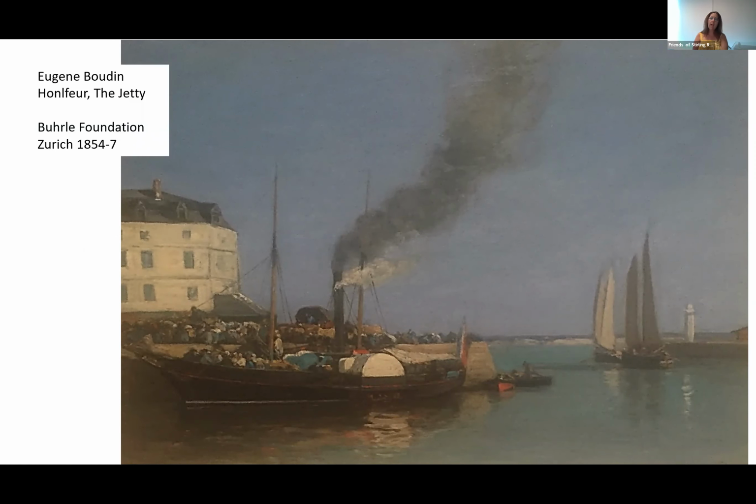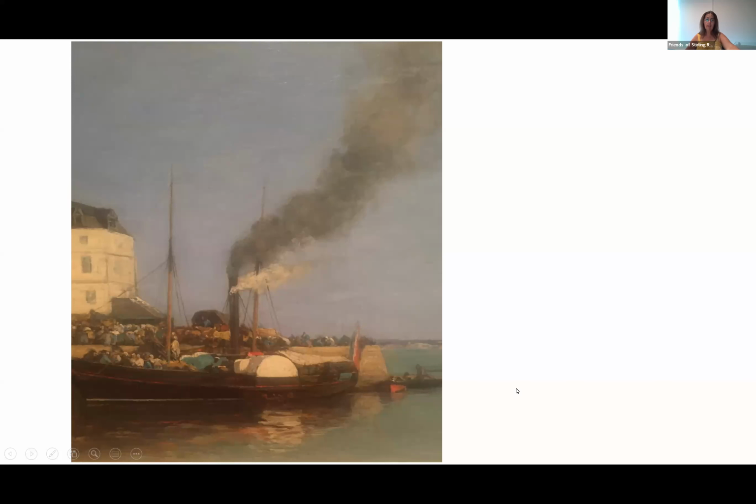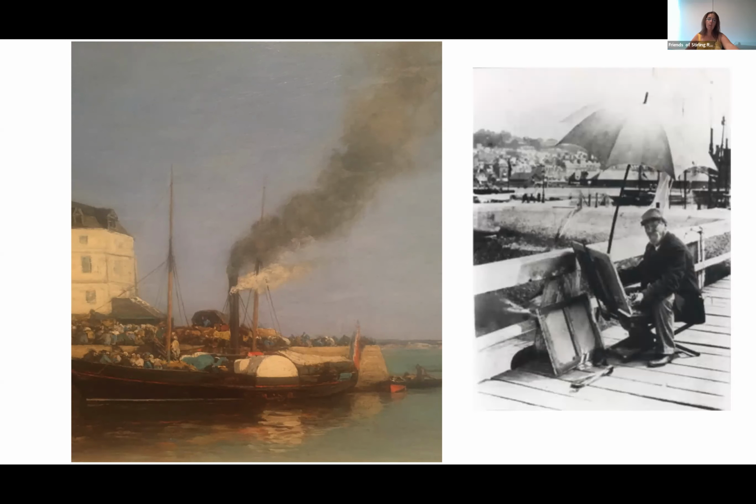Another one is this one, also by Boudin, trying to capture the smoke as it goes out of the chimney of this boat. Also look at the details right here and how he is inspired also by the reflection on the water. Now, Boudin was an older generation. So even though he was invited to exhibit with the Impressionists, he was not part of the group.